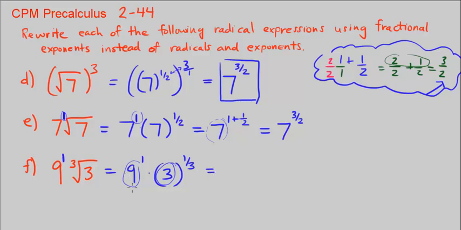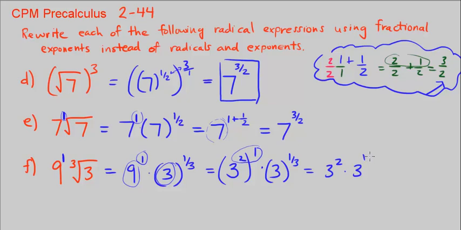Well, you have to know that 9 is the same as 3 squared. So this is 3 squared, to the 1 power, because I'm copying it from there, times 3 to the power of 1/3. So let me simplify this first, and that's the same as 3 squared, because 2 times 1 is 2, times 3 to the 1/3 power.